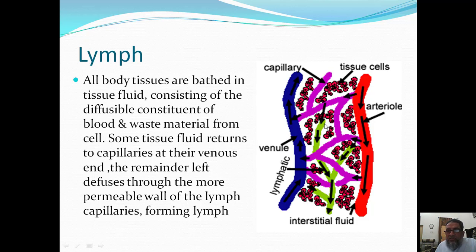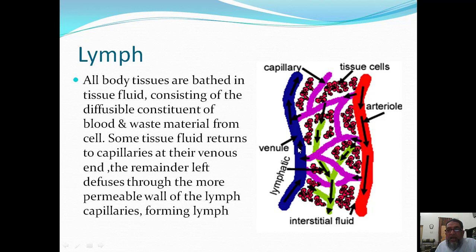So these are the intercellular spaces, through which the fluid is sometimes present due to the transudate coming from the capillaries. Most of the fluid, some of the fluid is reabsorbed by these capillaries, but the remaining fluid will be absorbed by the lymphatic channel, visible in this diagram as the greenish channel, which the arrowhead is demonstrating.